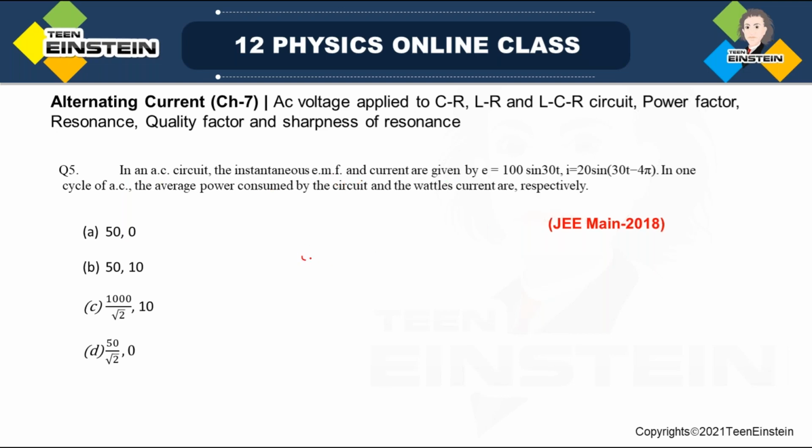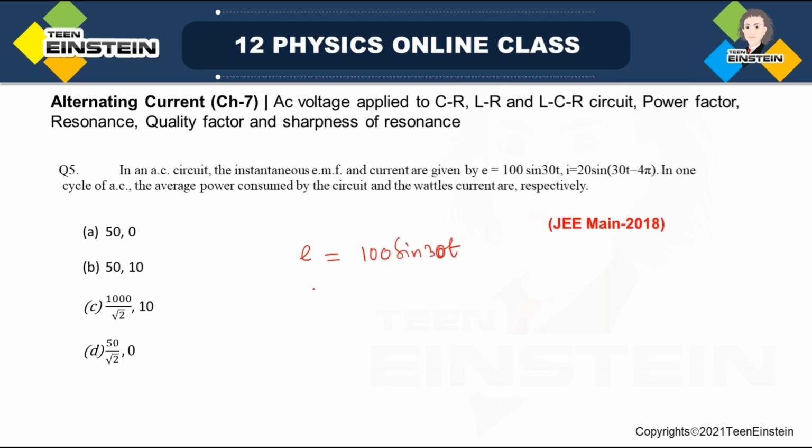Instantaneous EMF is given as E is equal to 100 sine 30 into T. So E is equal to E0 sine omega T in that format. This is the amplitude, and this is the frequency 30, 30 into T.